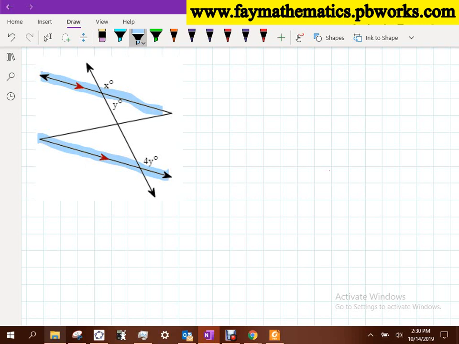Now, when I look at those, that gives me two other lines that cross those, so those two other lines are both transversals. But I want to look at one of them and one of them only. So what I'm going to try to do here is eliminate this transversal.